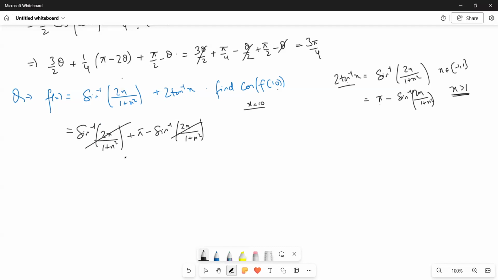So sin inverse cancels and we'll end up getting the value as pi. That f of x will be pi for all x greater than 1. So what will be the value of f of 10? F of 10 is pi and cos pi is -1, that is the answer.